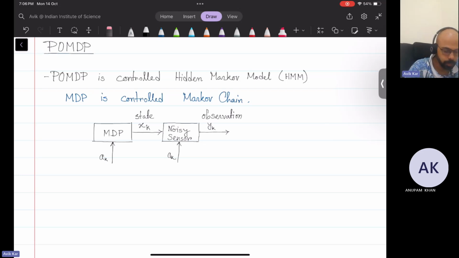For example, in the communication field, if your transmitter is using more power, then the channel loss will be less, and hence your observation will be closer to the state. So your action is actually manipulating your observation in that sense.